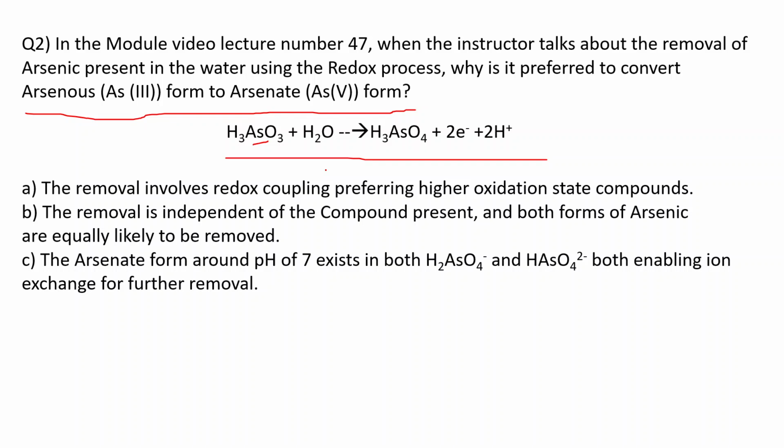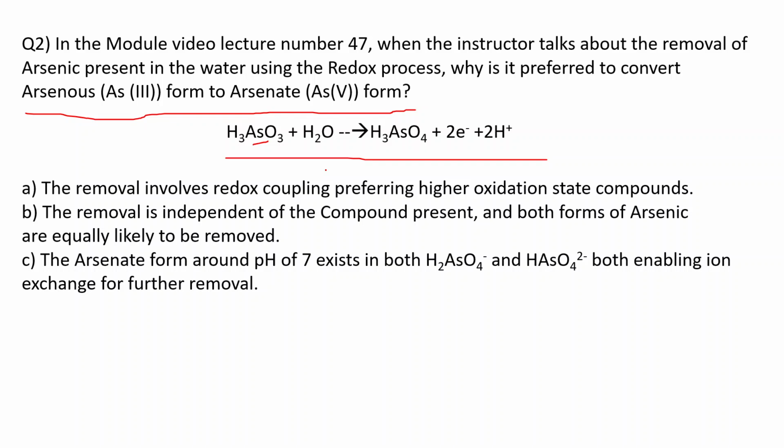The first option is: the removal involves redox coupling preferring higher oxidation state compounds, meaning during removal, higher oxidation state compounds are preferred. Second is: removal is independent of the compound present, and both forms of arsenic can be easily removed.